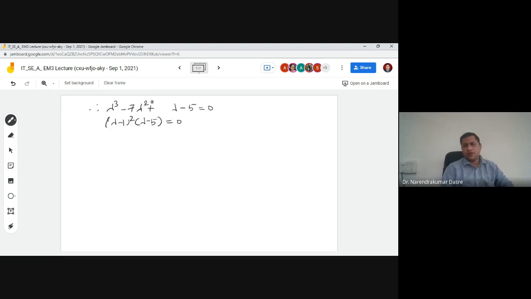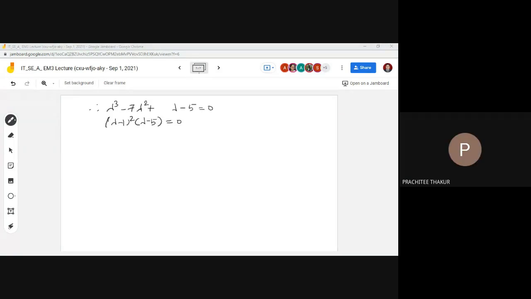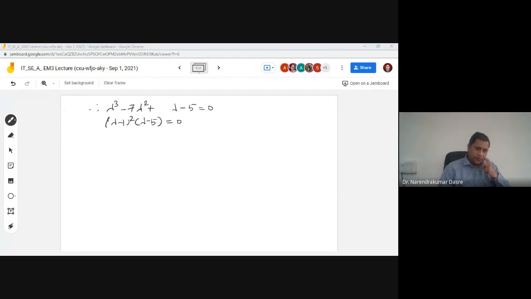What is the characteristic equation you are getting? Lambda cube minus 7 lambda square plus what is this term? You have got this value, no? 11, sir. Plus 11, right?